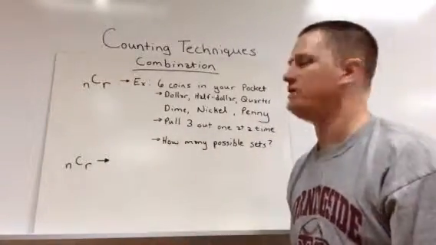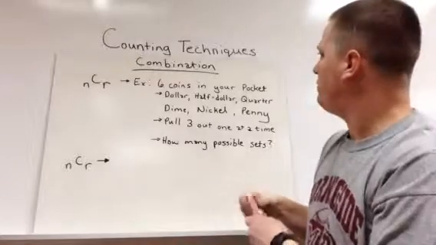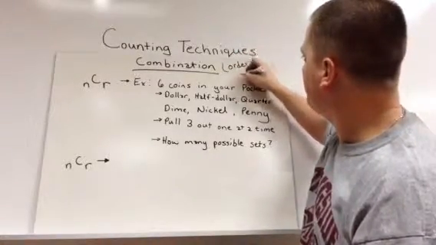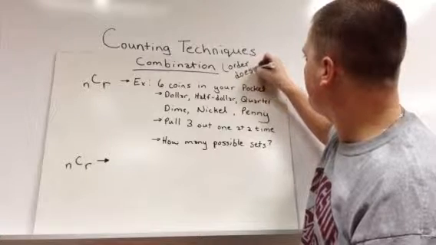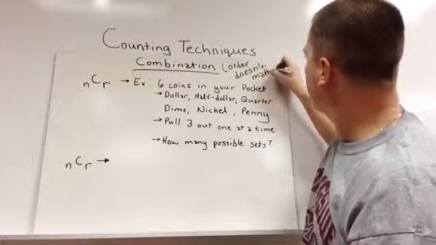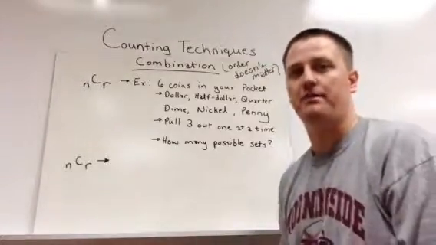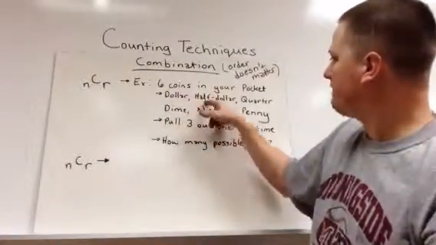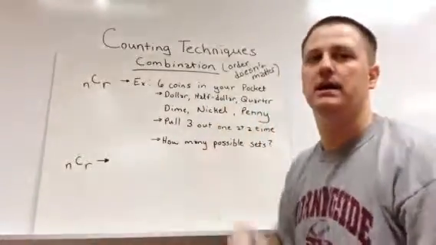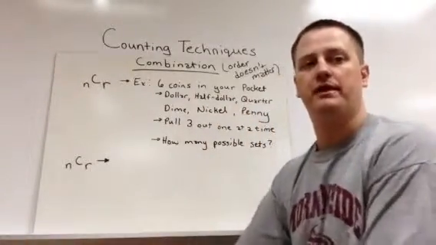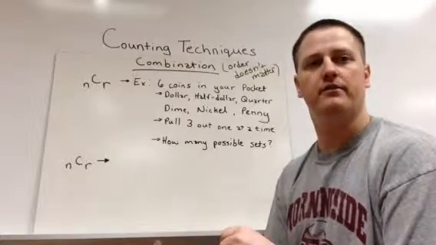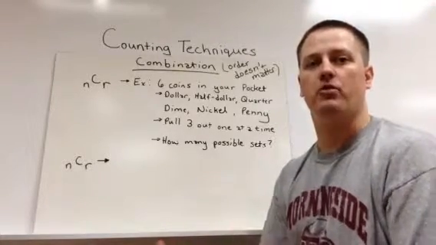A combination is the method where order doesn't matter. In this one, a dollar, half-dollar, quarter is the same as a dollar, quarter, half-dollar, because they're all the same things, but the order doesn't matter.